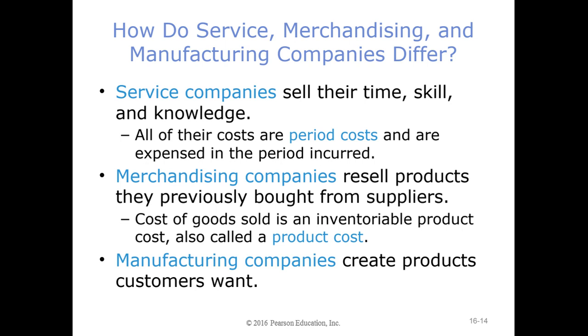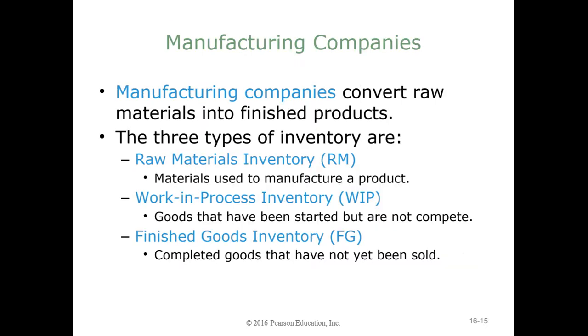And the manufacturing companies are the ones that are actually creating the products. They've got the assembly line, they're putting everything together. Manufacturing companies convert raw materials into finished products.